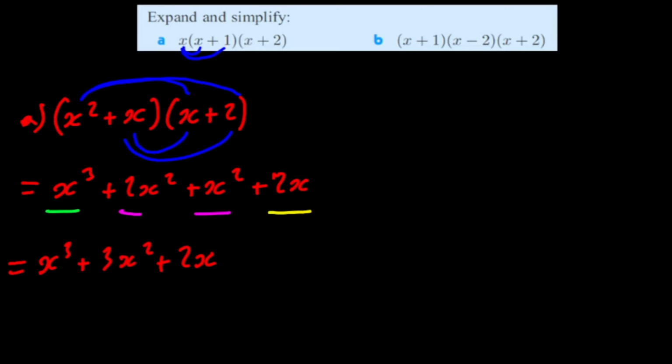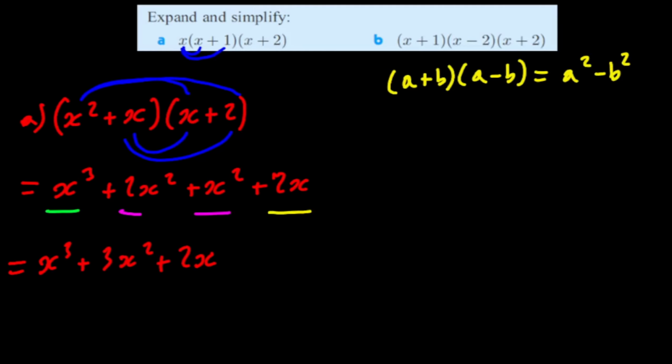So what you need to realize first here is that we have a difference of two squares. Do you remember from the last video where we discussed how if you have (a+b)(a-b), that can be simplified as a² minus b²? So you can apply this rule here.